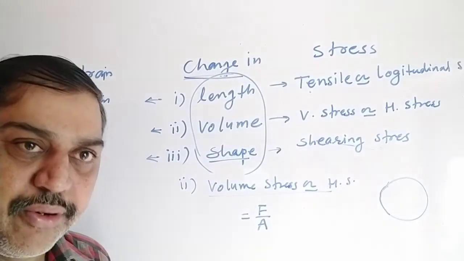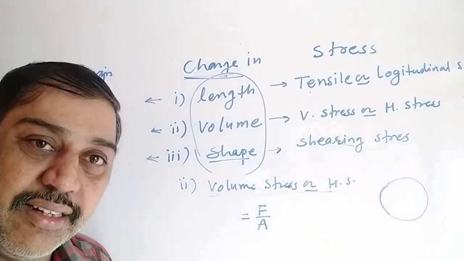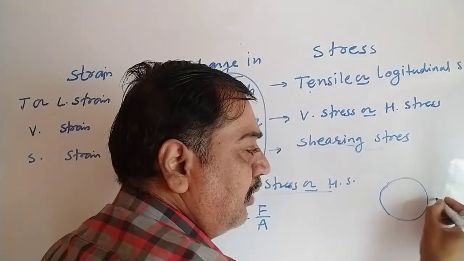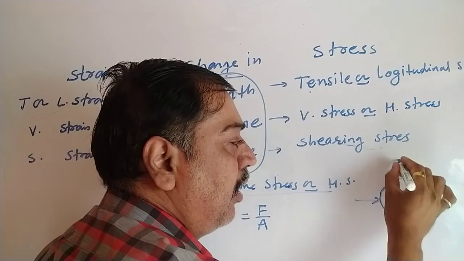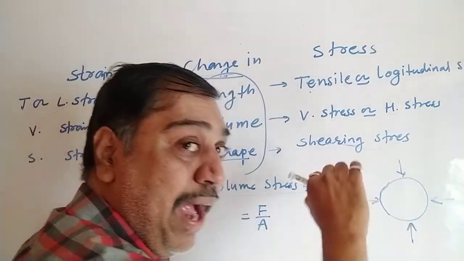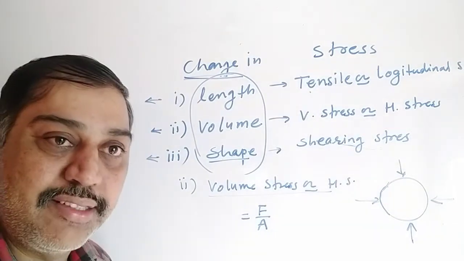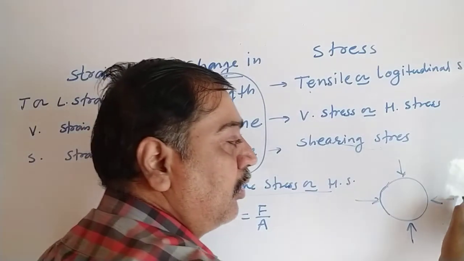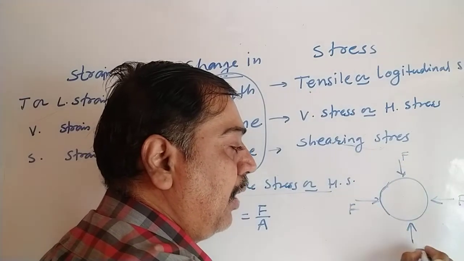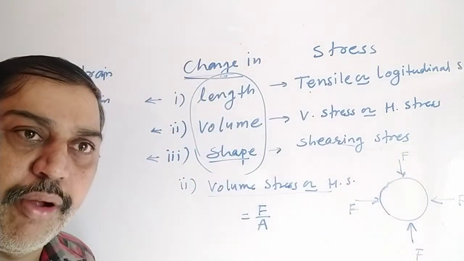Then what we have done? Suppose we have applied forces from all six sides. How does the balloon have six sides? Right side, left side, up, bottom, apart from top and the back. We have applied constant force F from all six sides.